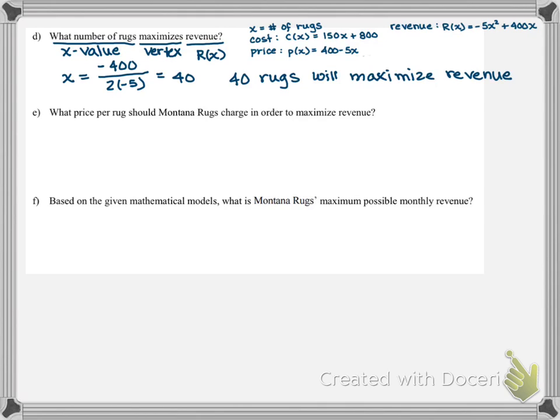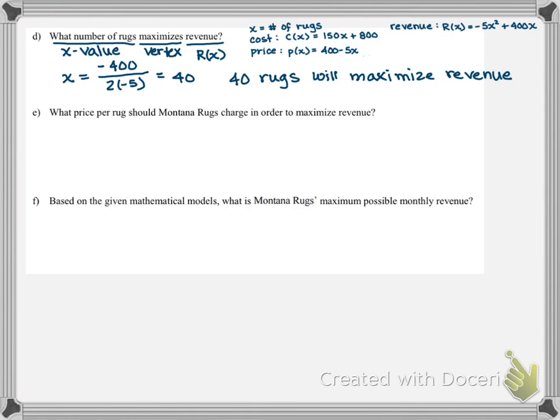So now that we've found the quantity that maximizes revenue, we can find pretty much anything that corresponds to a maximum revenue, right? So if I want to know how much profit I earned when revenue is maximized, I would use X equals 40. If I want to know the cost incurred to produce the number of items I need to in order to maximize revenue, I would use X equals 40.